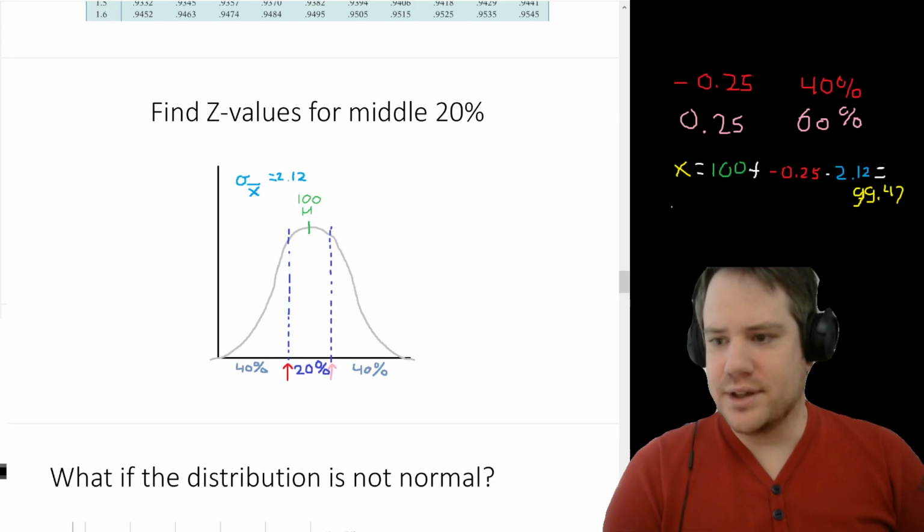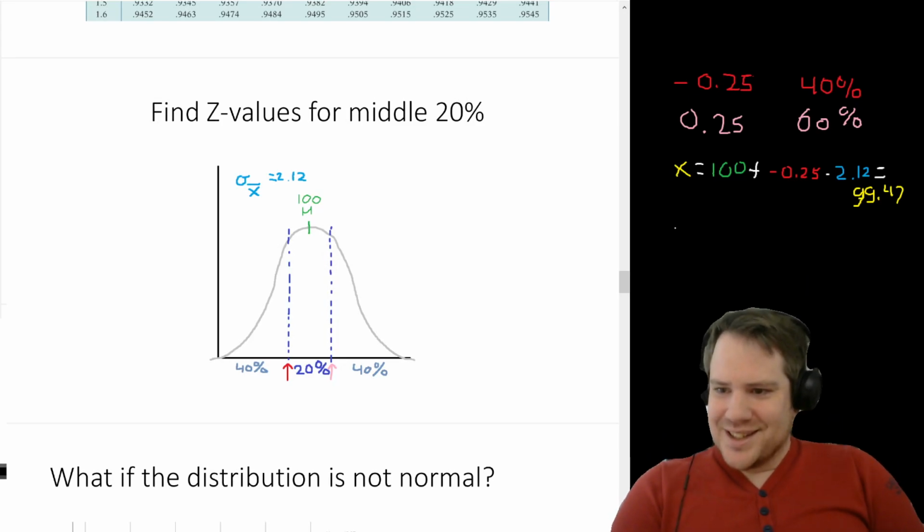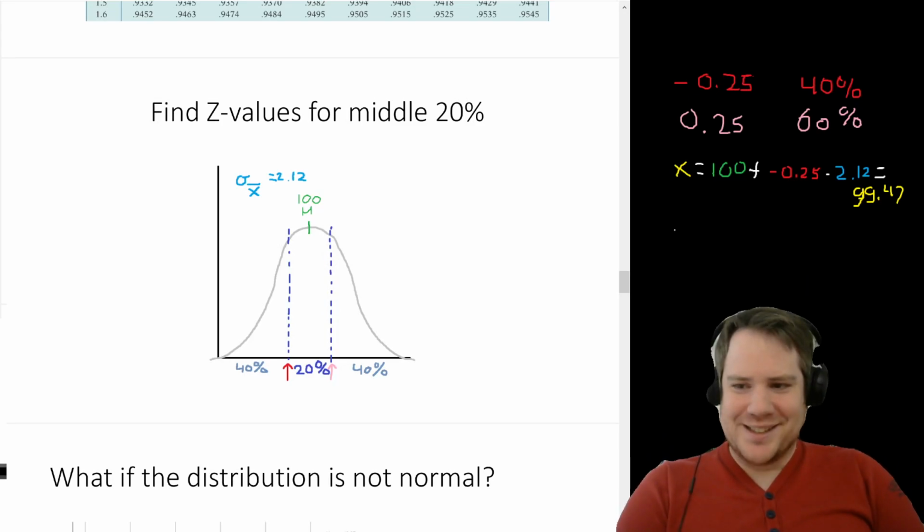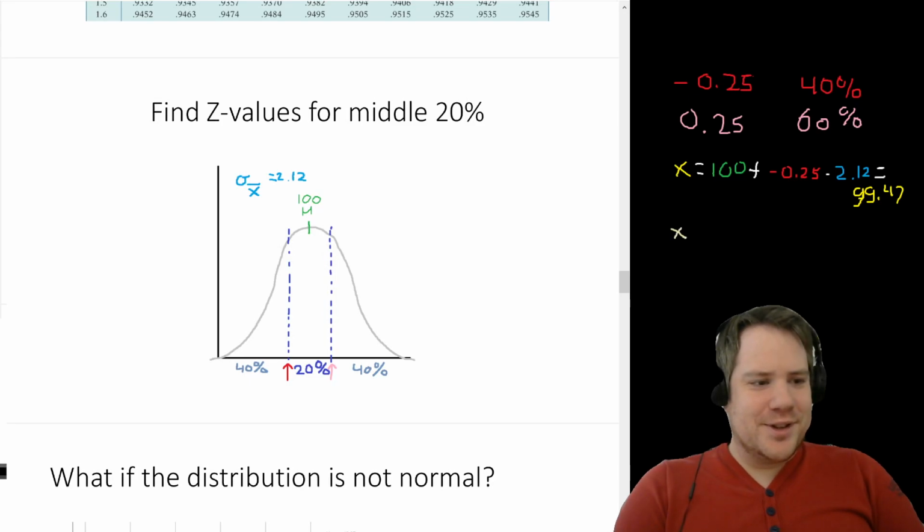Similarly, we can do it for the pink one. And again, it would be the same formula, so it's still 100 plus 0.25 times 2.12.